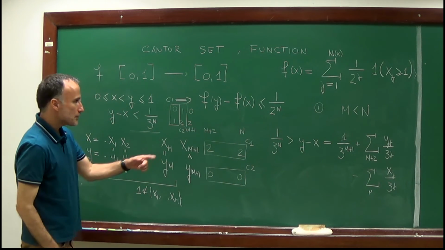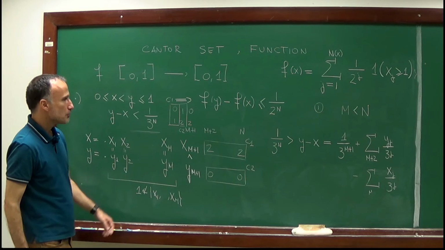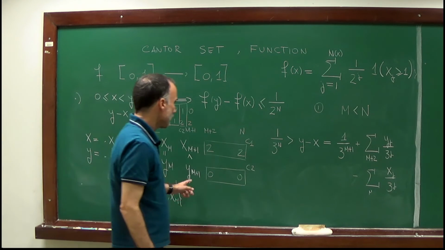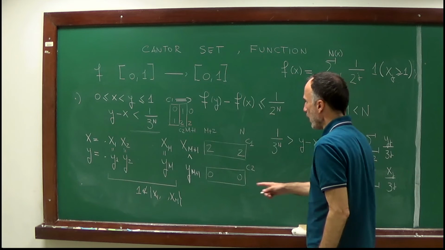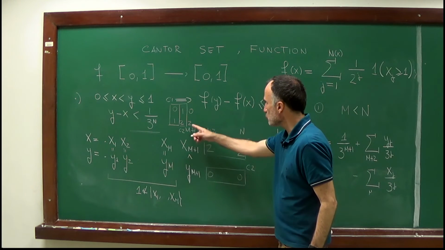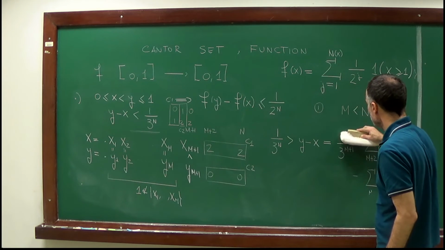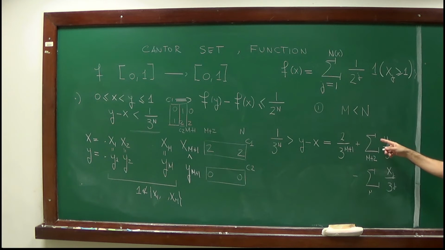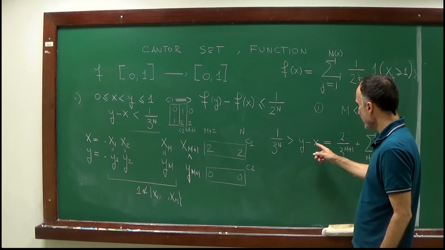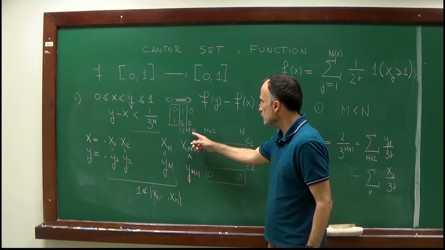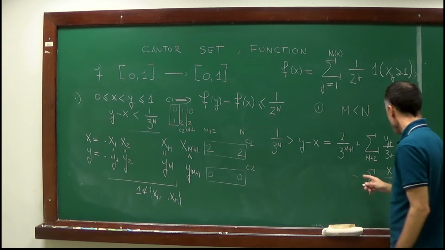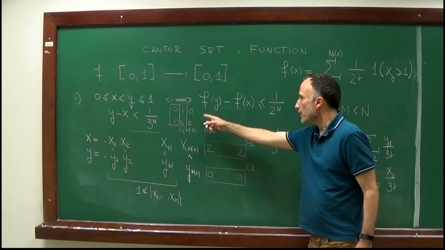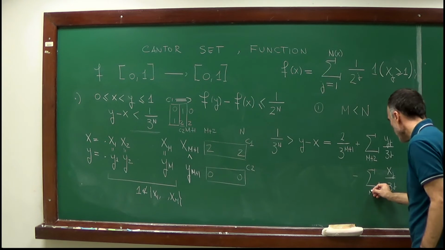Let's compute y minus x. The first m contribution will vanish. Now for y, I have ym plus 1, which is equal to 2, then yj starting from m plus 2, minus x. The contribution at m plus 1 is 0, and then I have the contribution starting at m plus 2.